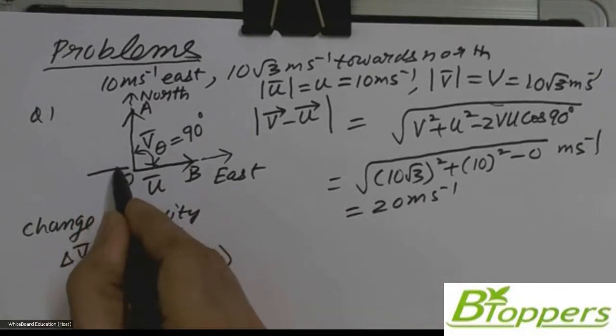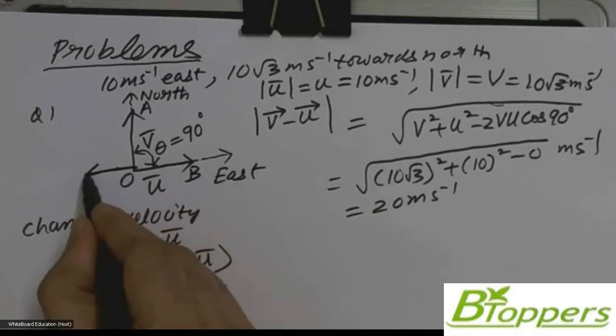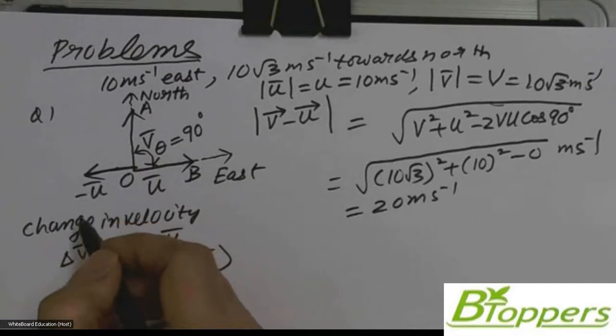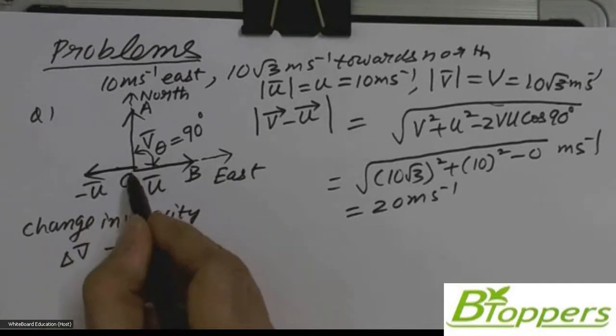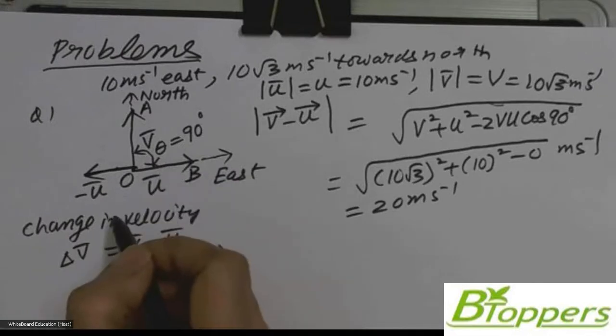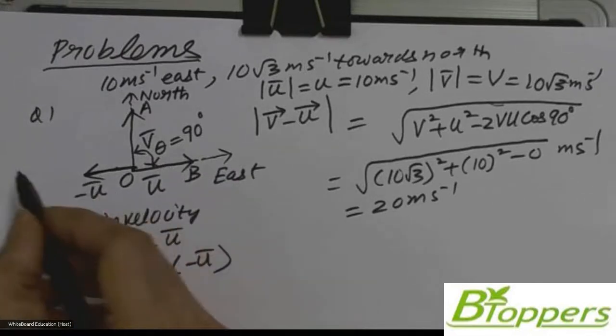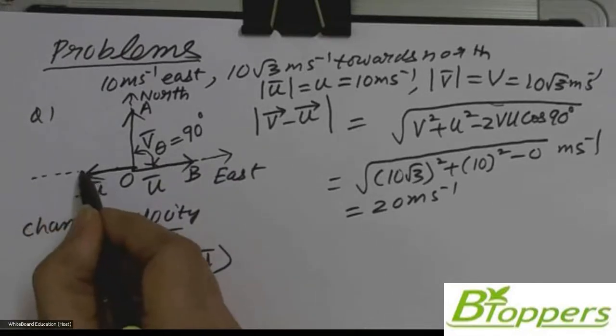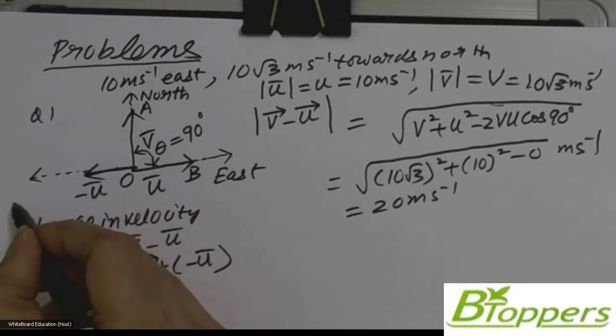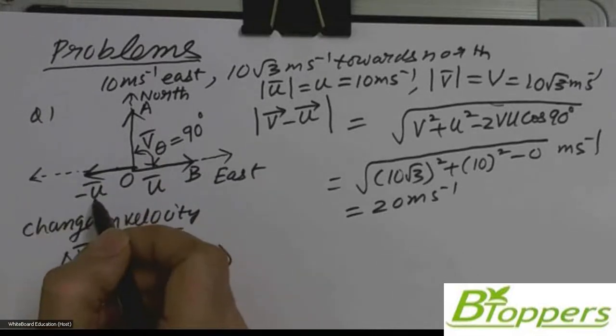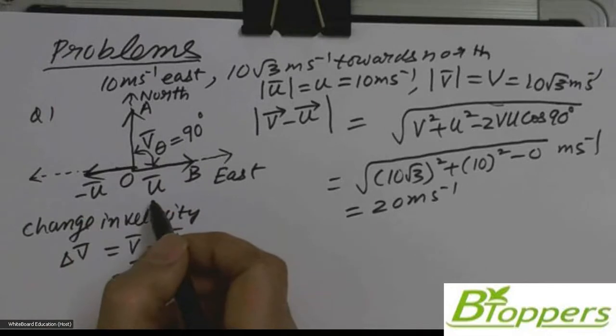From the definition of a negative vector, the direction of vector minus u bar is opposite to the direction of vector u bar. But the magnitude of vector minus u bar is the same as the magnitude of vector u bar.